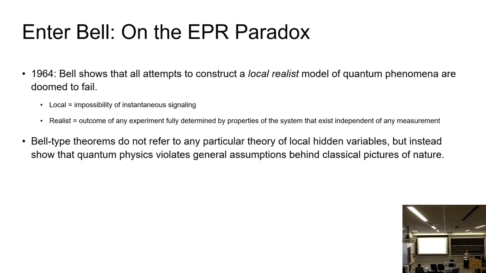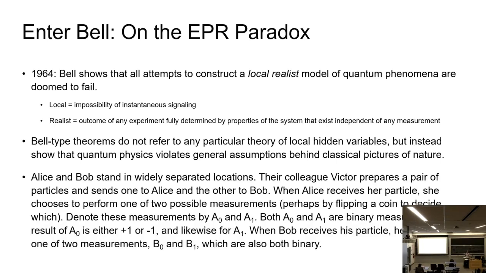And the thought experiment that he considered isn't really conducive to building an experiment to test, because it makes assumptions about the detectors that can't be justified in real equipment. And so it took a long time later for people to come around and to think about how to demonstrate what Bell proposed.